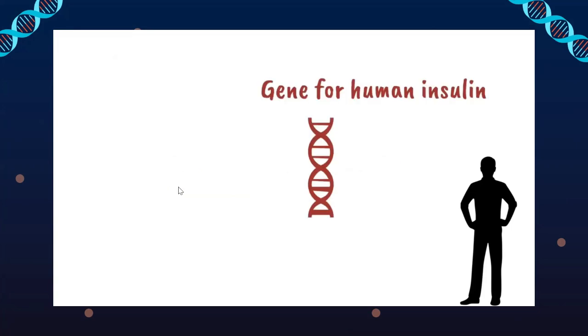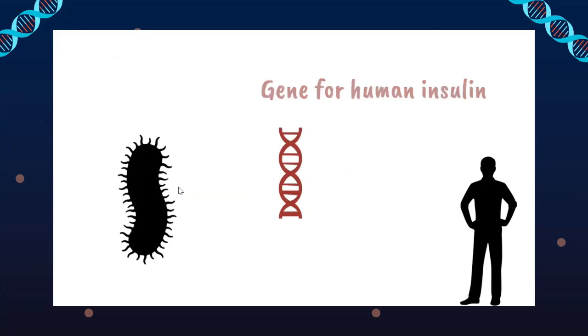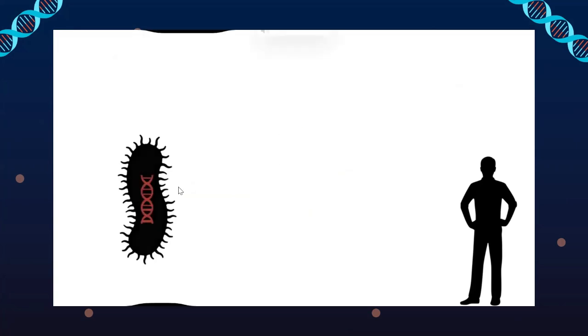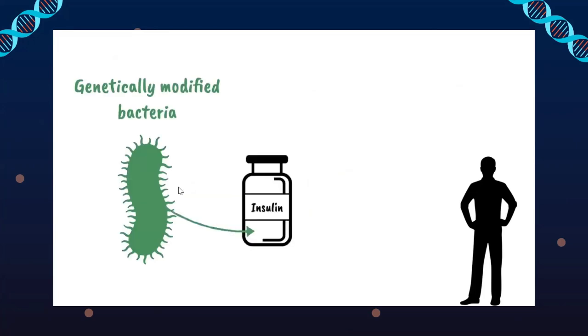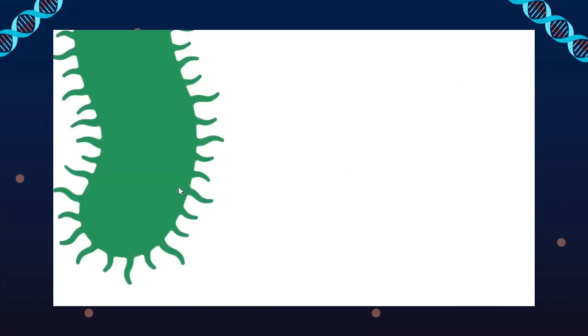Okay, so we make human insulin in terms of injection of insulins. Okay, so we take the gene or yung genetic instruction for that human insulin and then insert that gene into the bacterial cells, and allow the bacterial cells to be genetically modified to make insulin for us. So, ganito po yung mismong nangyayari.